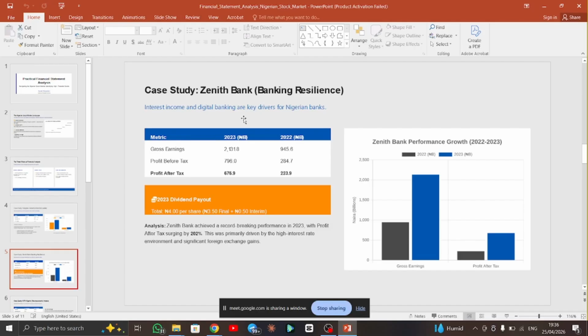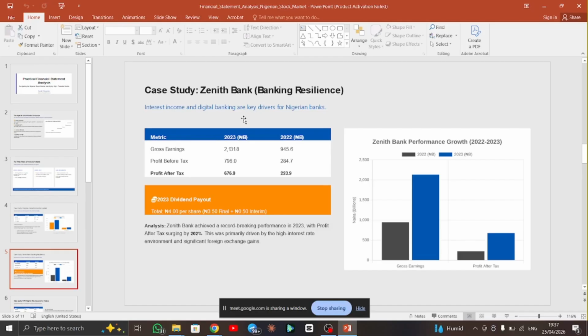Dangote Cement is under the construction sector, and we have the telecommunication sector too. So make sure that your portfolio is well diversified so that when there is a shock in the economy and it affects a particular sector, you'll be in safer hands because your money is not in just that particular sector. So if you are at a loss in this particular sector, you are making money in other sectors.